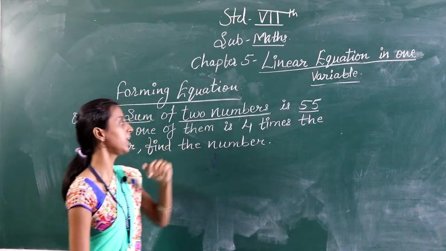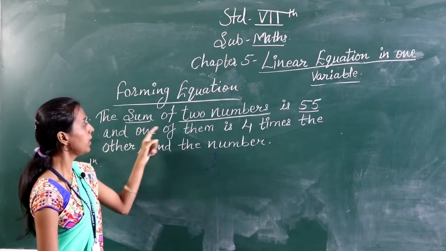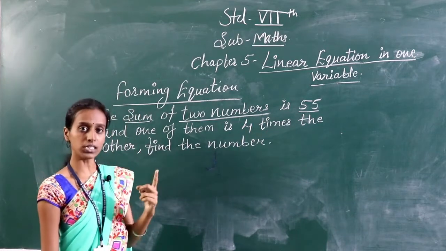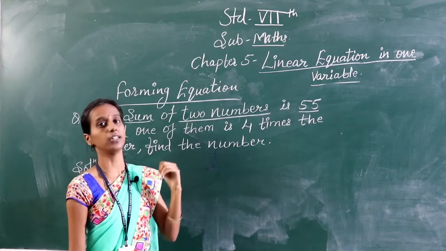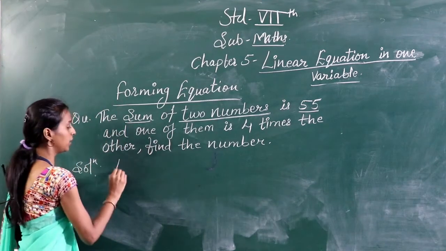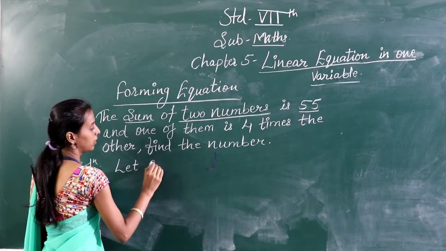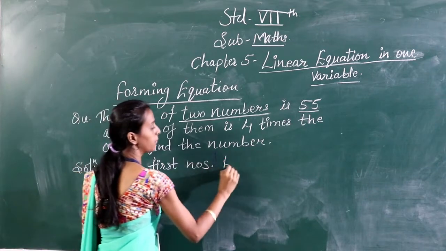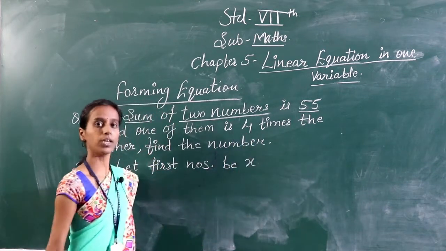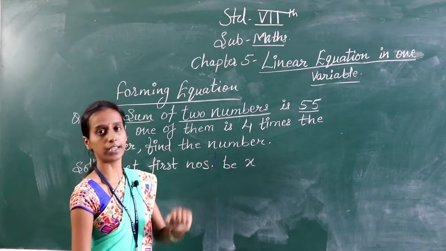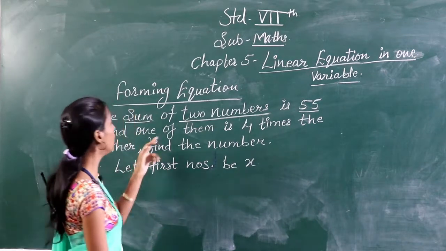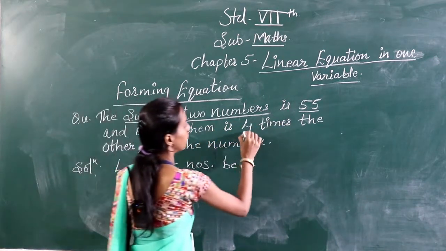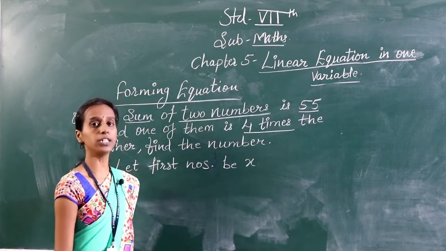Okay, the sum of two numbers is 55. But the next condition given is that one of them is 4 times the other. So let the first number be x. We have supposed that the first number is x. Then according to the question, one of the numbers is 4 times the other.